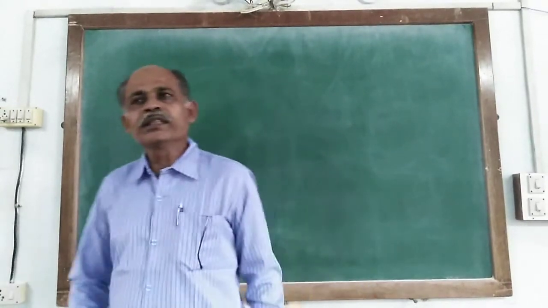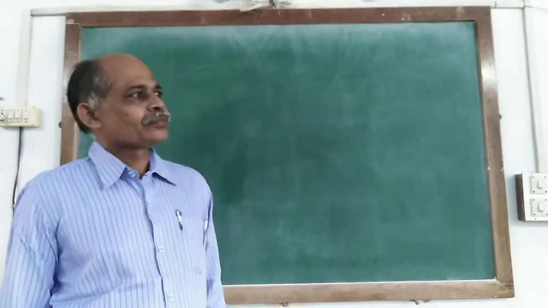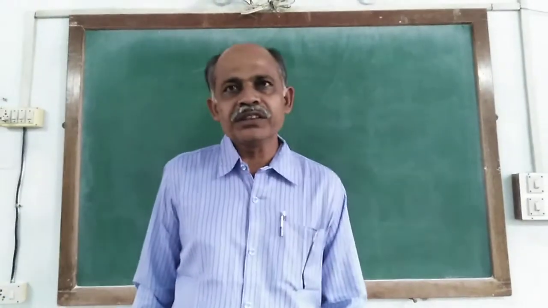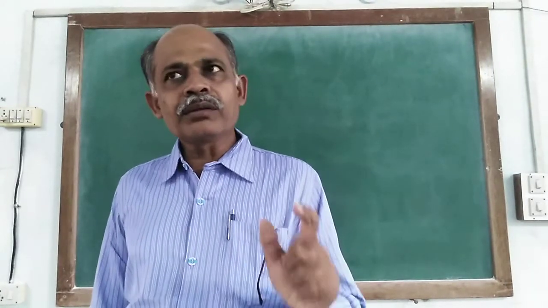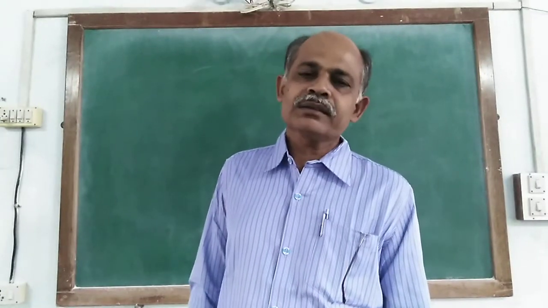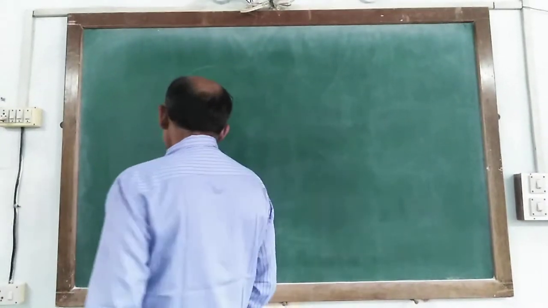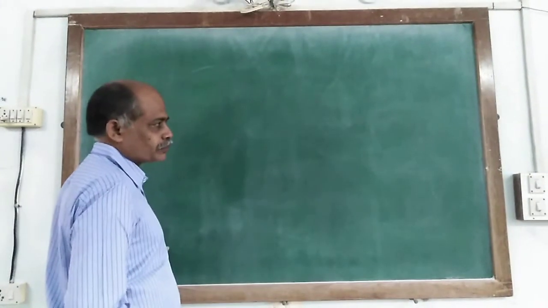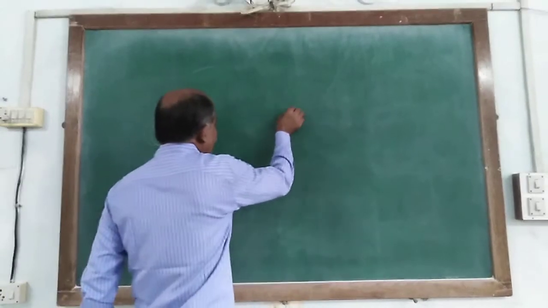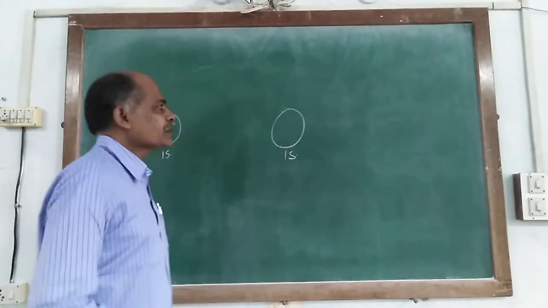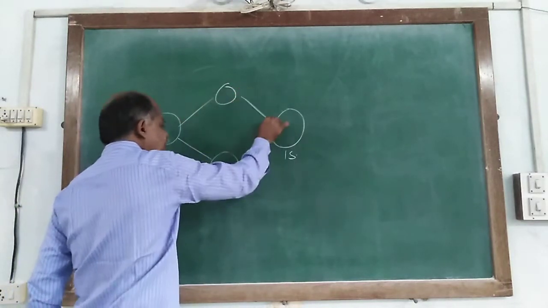According to molecular orbital theory, when atomic orbitals are linking with each other to form molecular orbitals, the number of molecular orbitals is the same as the number of linking atomic orbitals. So here, one atomic orbital and another atomic orbital are linking with each other to form two molecular orbitals.